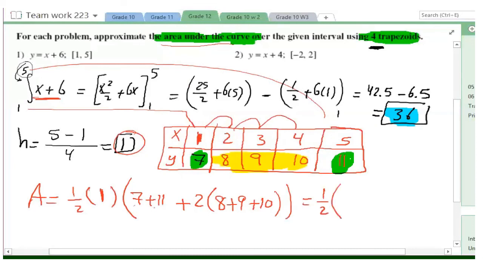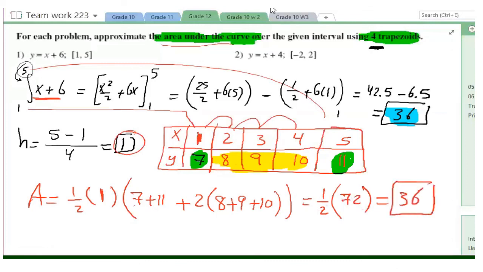What is 7 plus 11? It's 18. Plus twice 8 plus 9 plus 10, so it's 72. And half of 72 is 36. Notice that the area by the trapezium rule gives me the exact value of the area.